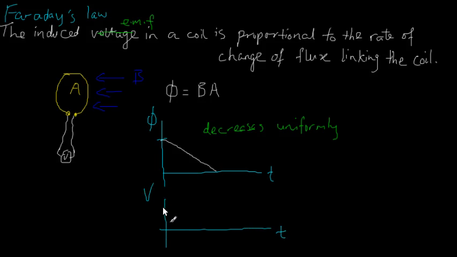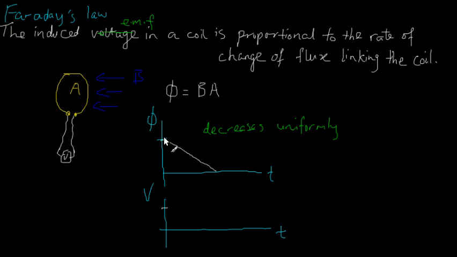I would have a certain voltage at the beginning as the flux starts falling, and because the flux decreases uniformly, this rate of change is the same over this time interval.